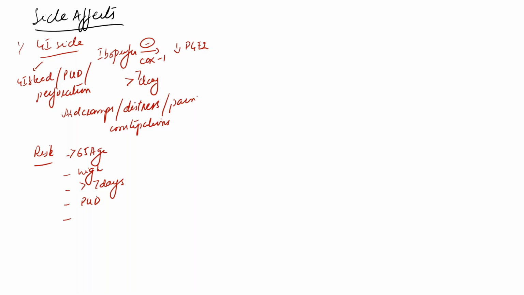Patients with advanced kidney disease or advanced liver disease, patients who are taking aspirin, antiplatelet or anticoagulation medication, and patients who are smokers or who use alcohol are at risk.